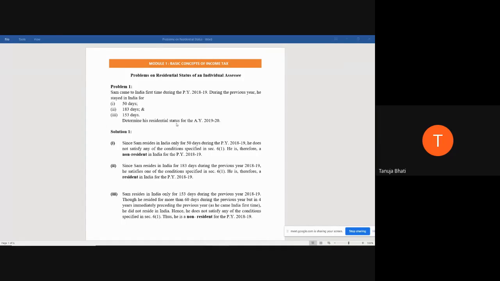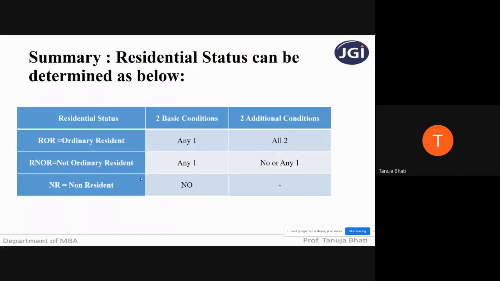Now, to check the residential status, first we have to check the basic conditions. Clear? So what is the first basic condition? His stay in India should be at least 182 days or more.